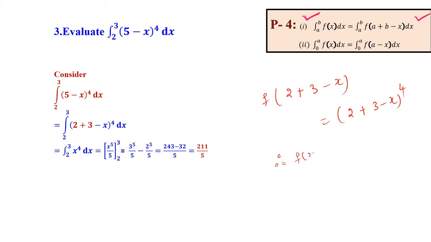Therefore, f of x will be just x to the power 4. Between the limits 2 and 3, we have to integrate that and substitute the limits. So x power 5 by 5, upper limit 3, so 3 power 5 by 5, lower limit 2, so 2 power 5 by 5. On simplification is what we get. So this is the final answer.